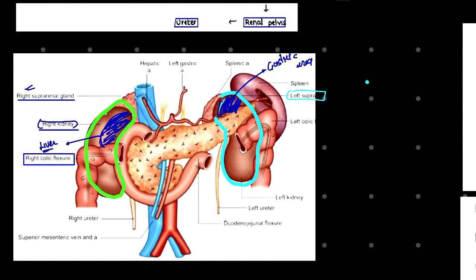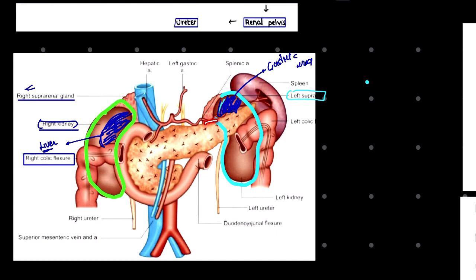Now if you come below, you will find some structures of pancreas. But if you see carefully, just here you'll find our spleen. The spleen is also in relation with our left kidney.